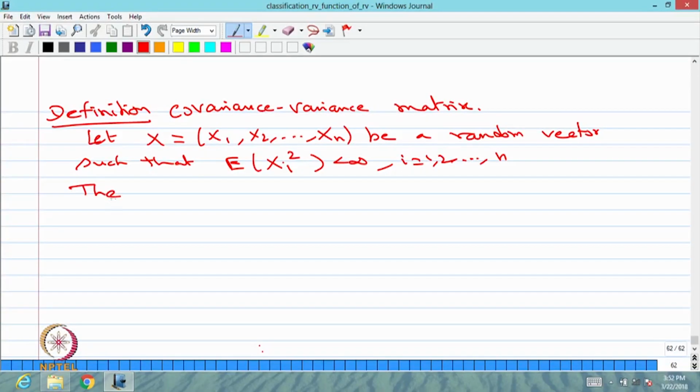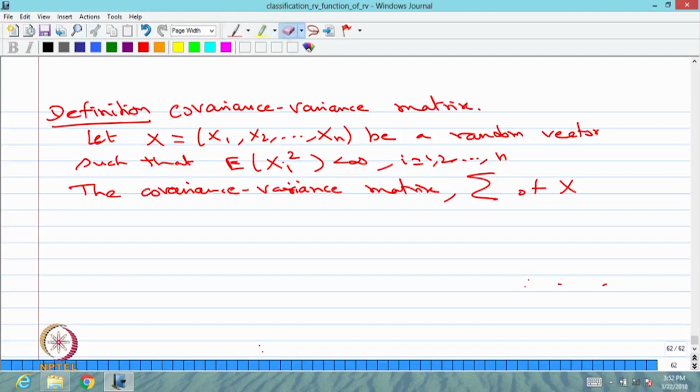Then the covariance variance matrix, denoted in the big summation notation (Sigma) of the random vector capital X, is defined as a matrix whose first element is the variance of X1, and the first row second element is the covariance of X1 and X2, and so on.